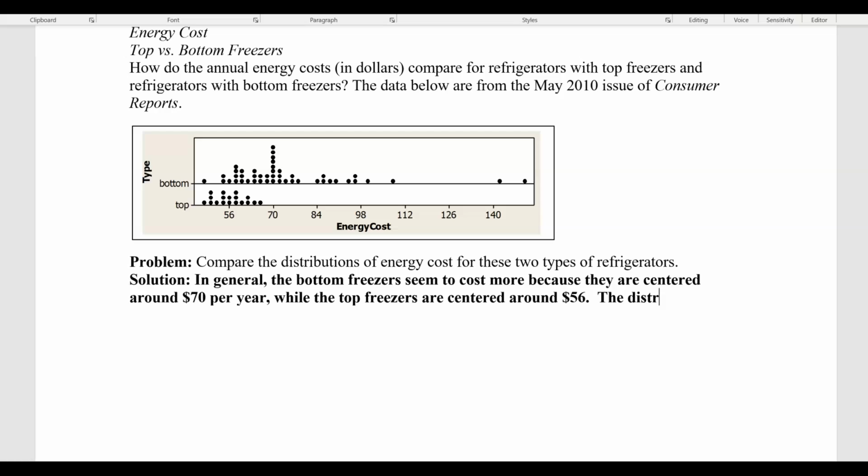The distribution of the bottom freezers has a much larger spread. It looks like it might be over 100.